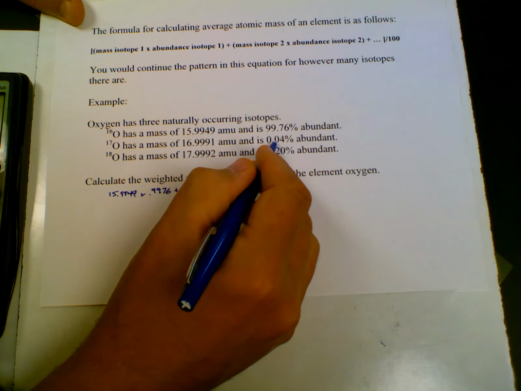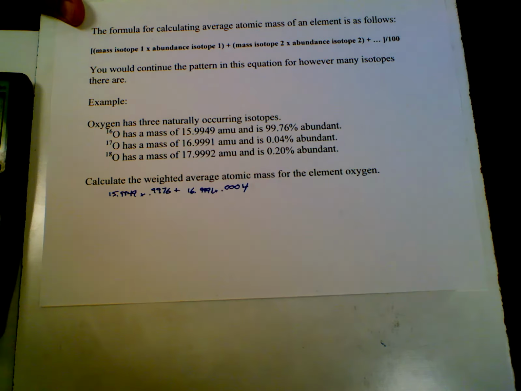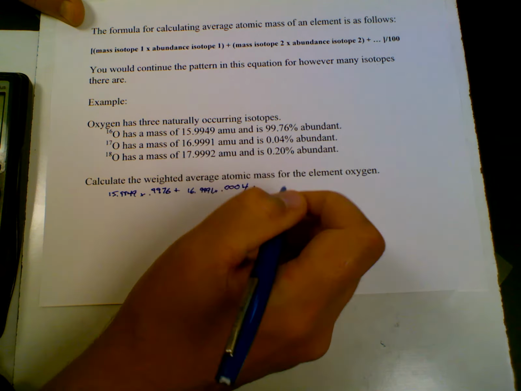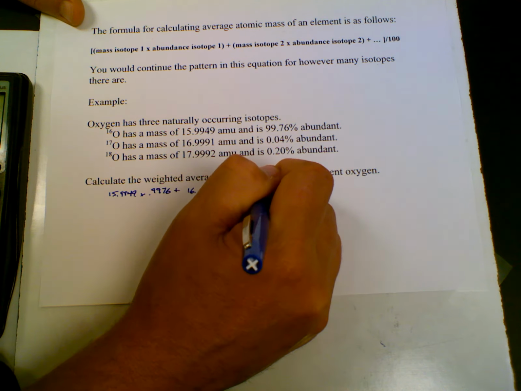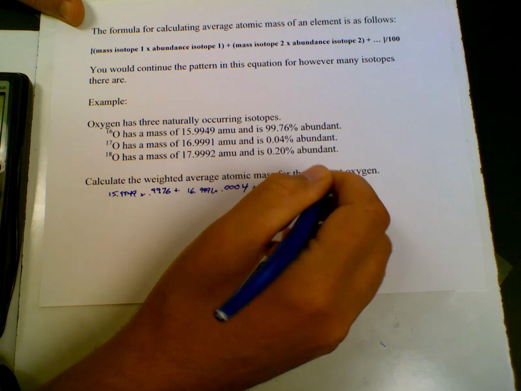I have to move the decimal 2 places. That's a lot of zeros, 0.0004. And finally, the third isotope in this equation would be 17.9992 times its abundance, 0.0020. And that should give me a number.